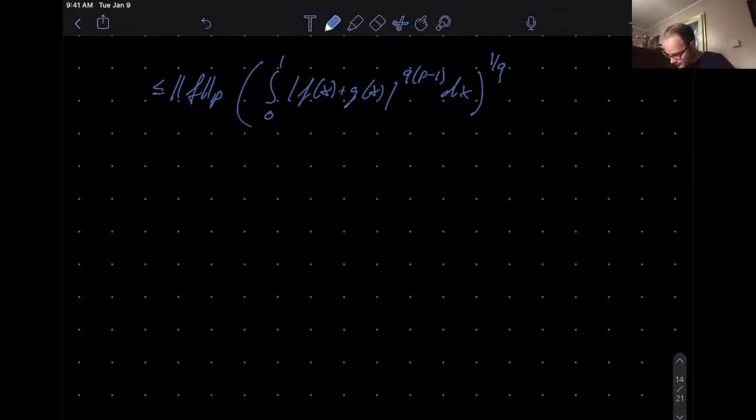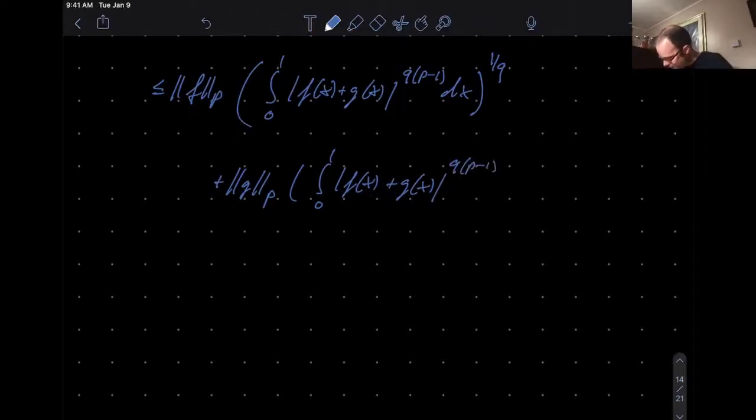Plus, for the other one you do the similar thing: the p norm of g times the integral from 0 to 1 of |f(x) + g(x)|^(q(p-1)) to the power 1 over q. A little algebra reveals that these two, which are the same, have q(p-1) equal to p.